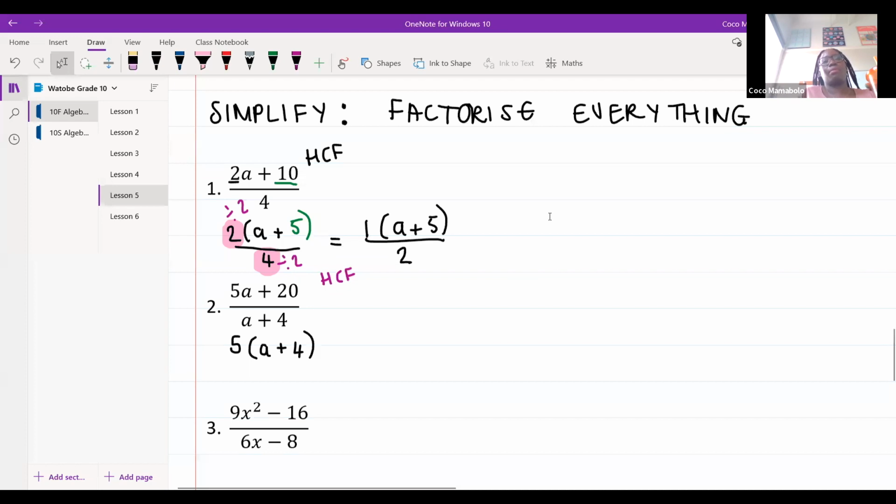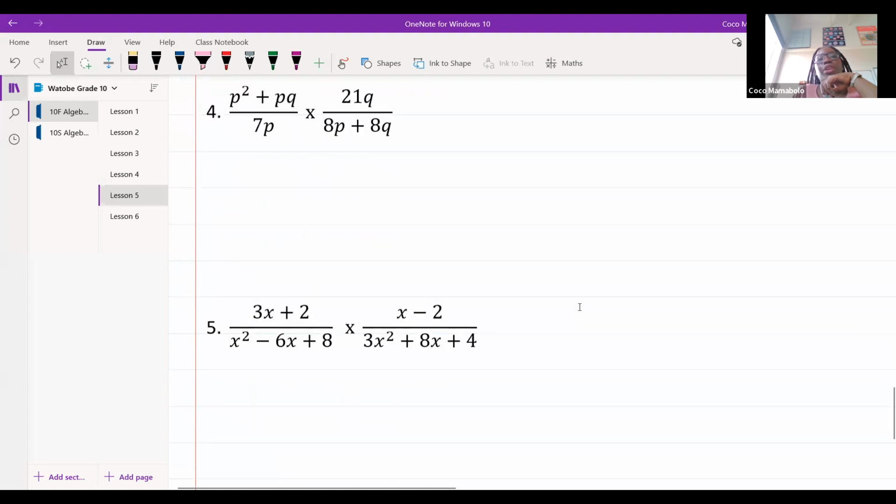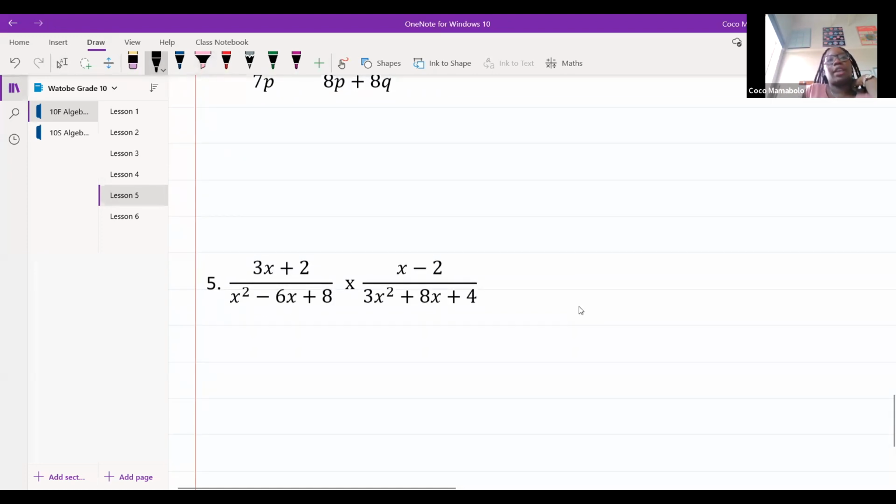Yes, Nomaza? Sorry, ma'am. So like in class right now, we're currently dealing with fractions. I was just wondering if the cross method also works with fractions. Yes, and I'll quickly go forward and show you an example. Do you see over here? Remember, we're factorizing everything, right?